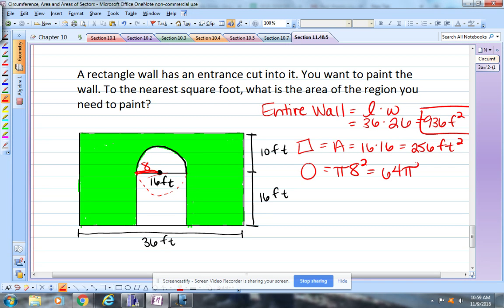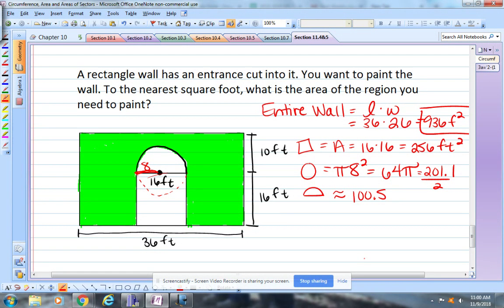What's 64 times pi? 201.1 square feet. But we don't need the whole circle. We need half of it, right? So we divide that by 2. So for the semicircle, I'm getting 100.5. Give me 1 decimal.